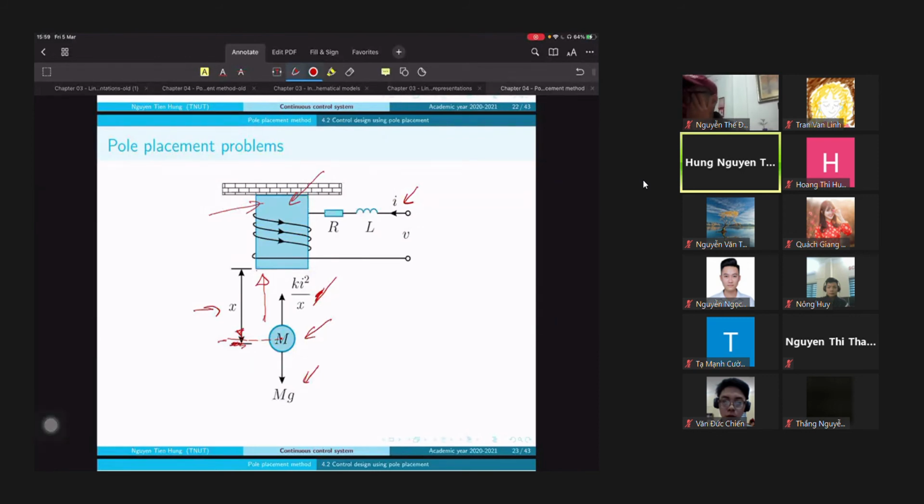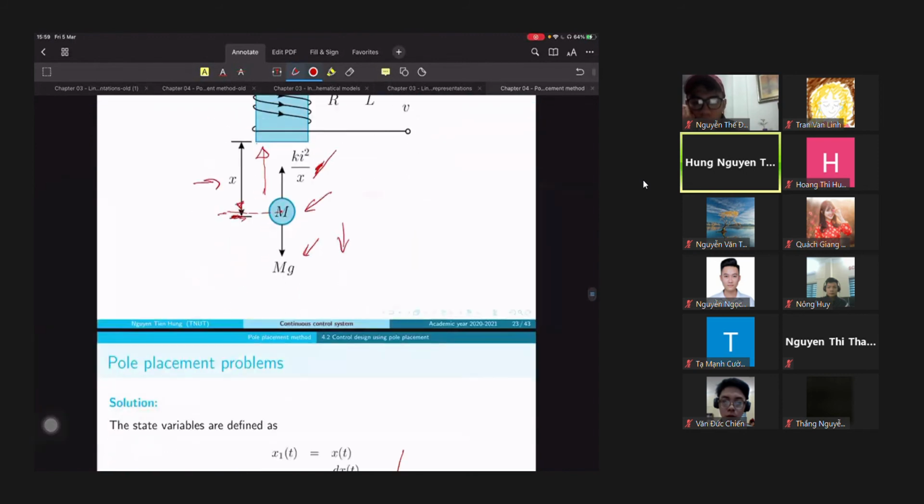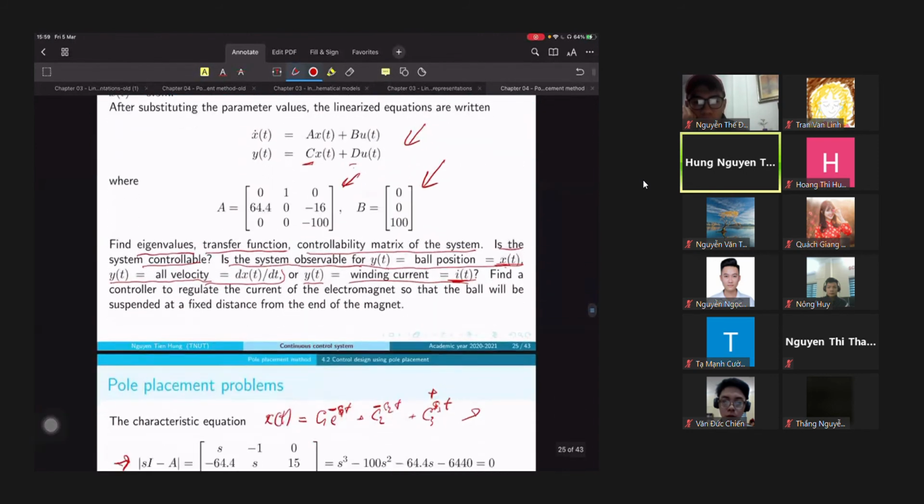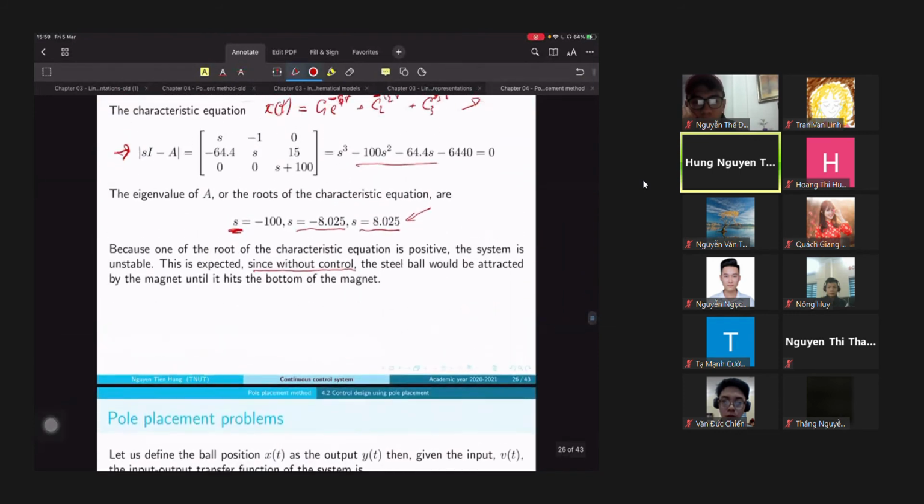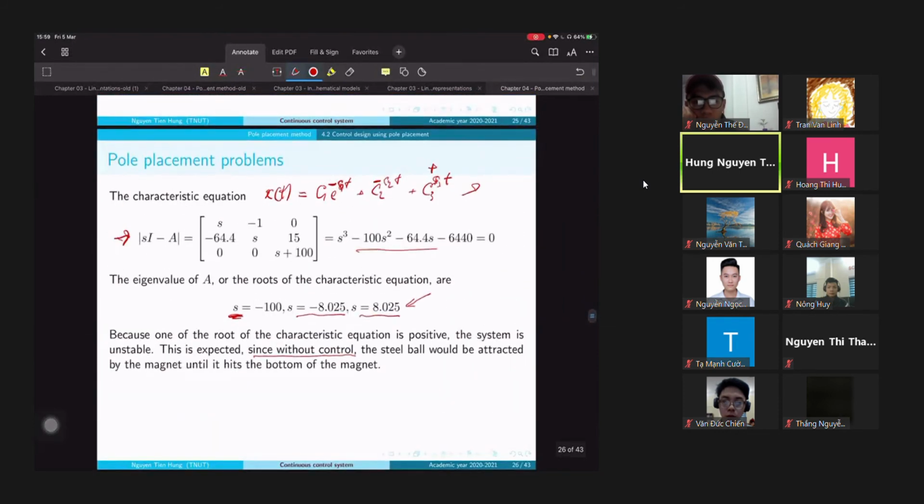Or if i is small, then the ball will hit the ground. Without automatic control, this is expected. The system is unstable.